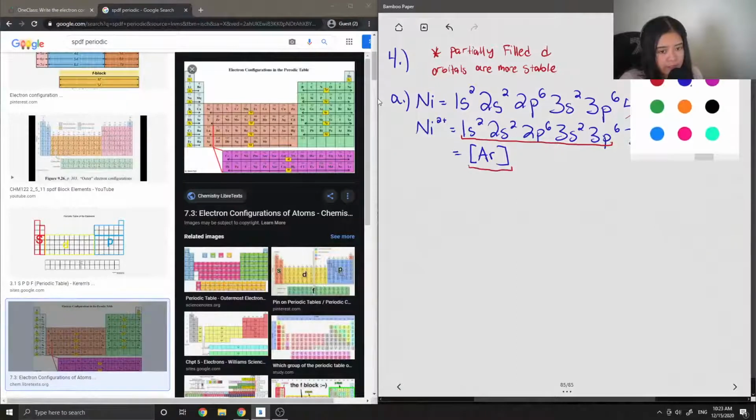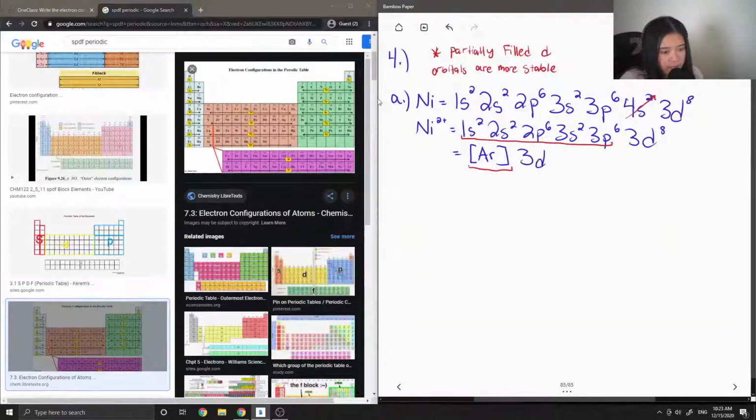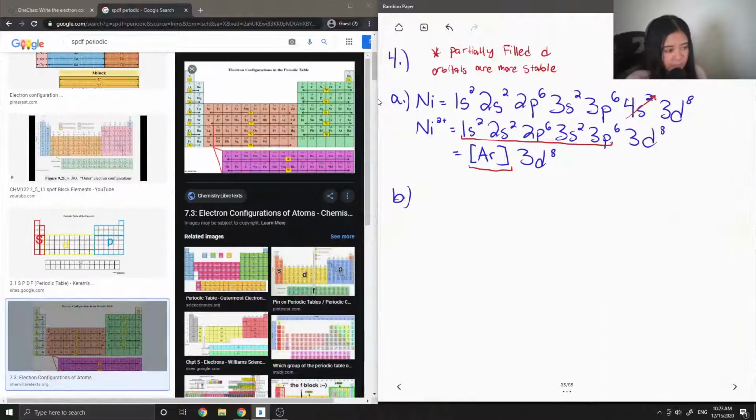And then we just need to write the square brackets and then 3d8. So this is the shorthand electron configuration of nickel 2+. So now let's do the same thing, but for all of them, the shorthand configuration, just to save us some time.